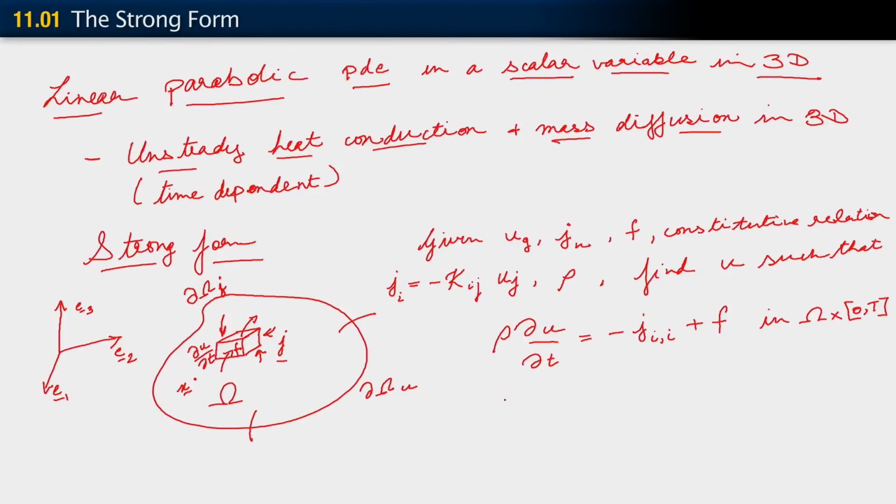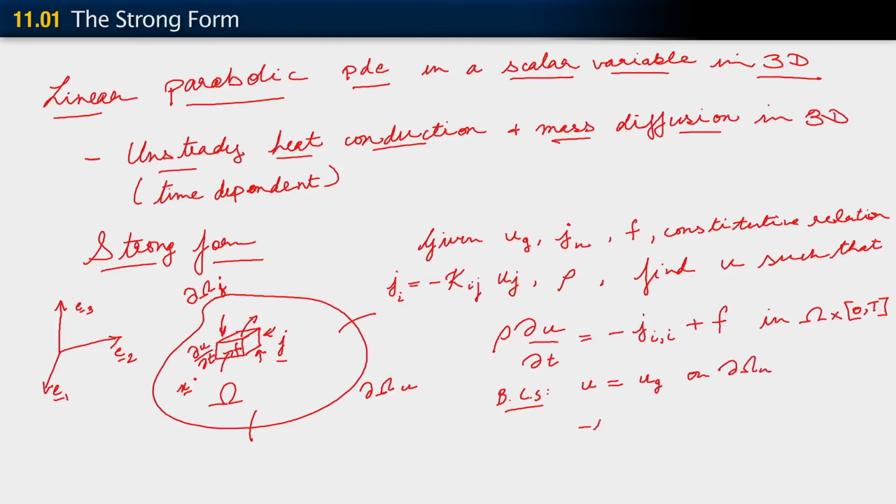Okay? All right. As before, we have boundary conditions. We have u equals u_g on the Dirichlet boundary.